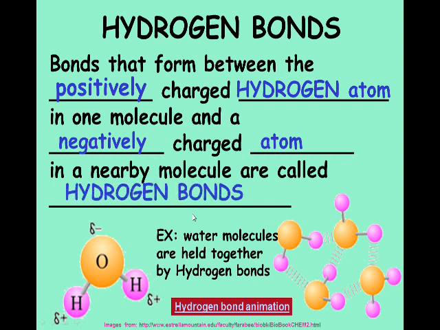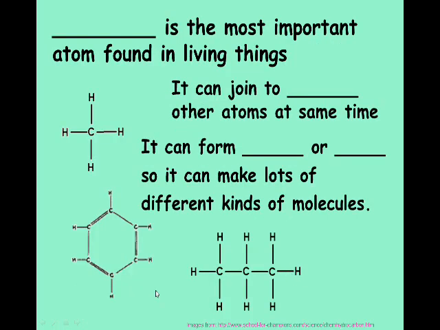That is called a hydrogen bond, and water is very good at making hydrogen bonds. The minus part, the oxygen part, will be attracted to the plus hydrogen of a next door neighbor molecule, and they stick together.